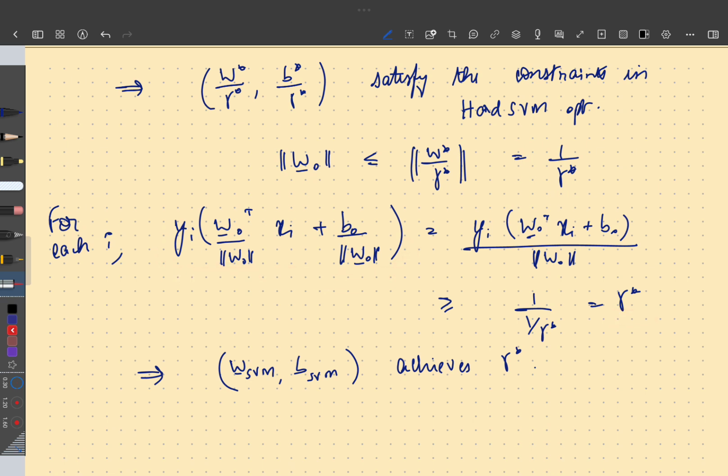So let's take the Hard-SVM solution, which is W0 by norm W0 and B0 by norm W0. I compute the distance between xi and this particular hyperplane for any i. Through the sequence of steps, I have shown that this is at least gamma star for every i. Therefore, the minimum is also greater than or equal to gamma star, and the margin is at least gamma star.